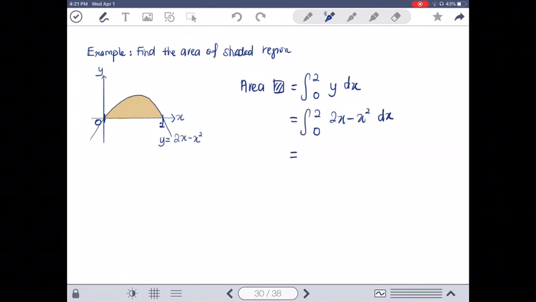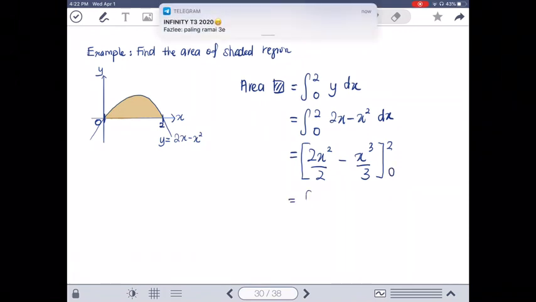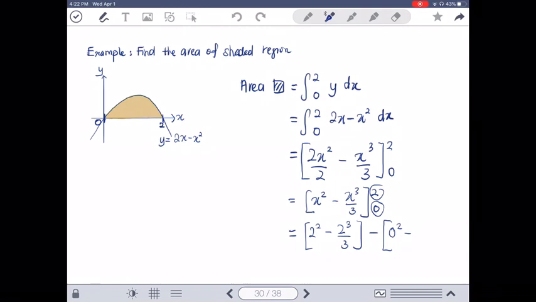So just integrate like usual. We will get 2x squared over 2 minus x to the power of 3 over 3, and put the boundaries 2 to 0. If we simplify, we will get x squared minus x to the power of 3 over 3, from 2 to 0, which is top minus bottom. Substitute 2 squared minus 2 to the power of 3 over 3, minus 0 squared minus 0 to the power of 3 over 3.